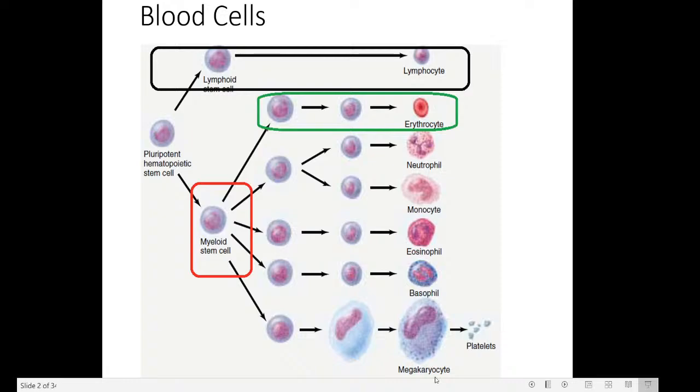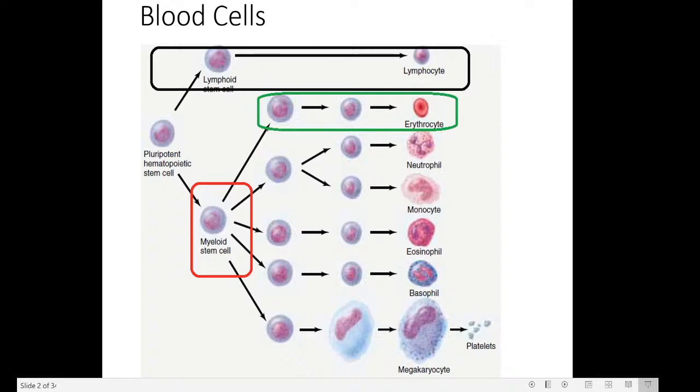In this way, we need to understand the source of platelets. Erythrocytes carry the oxygen molecules and help in the transport of blood. Platelets are produced from the megakaryocytes.